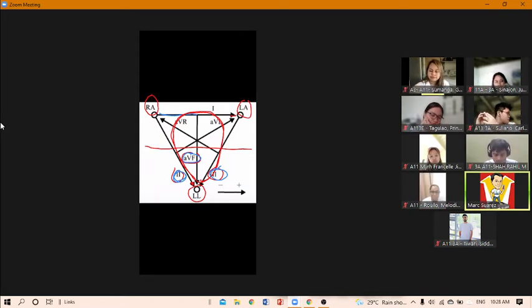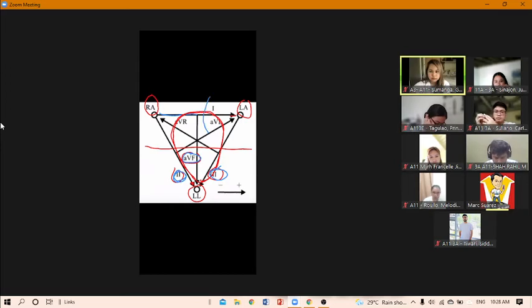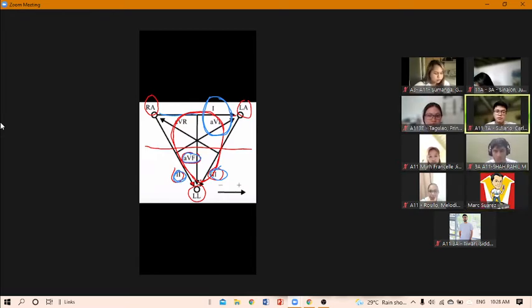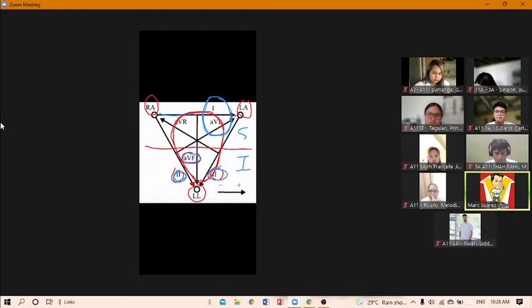Talking about lead 1 and aVL, what is this one? Lateral. We are dealing with superior and inferior. So lead 1 and aVL are roughly superior lateral and represent the superior portion of the heart, mostly the left atrium and a little bit of the right atrium. Follow?